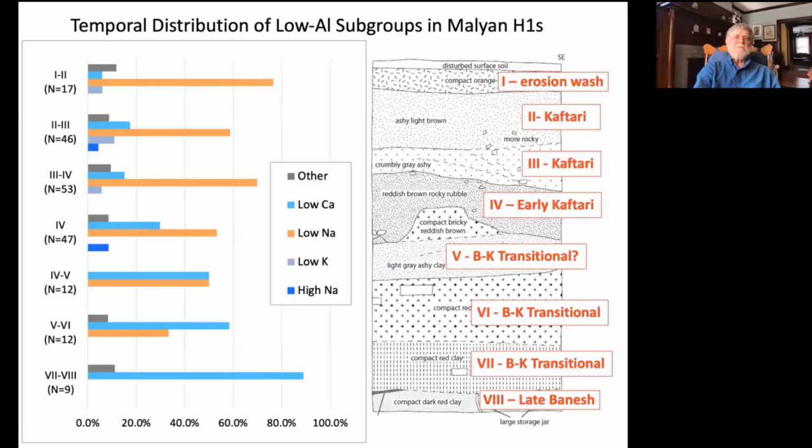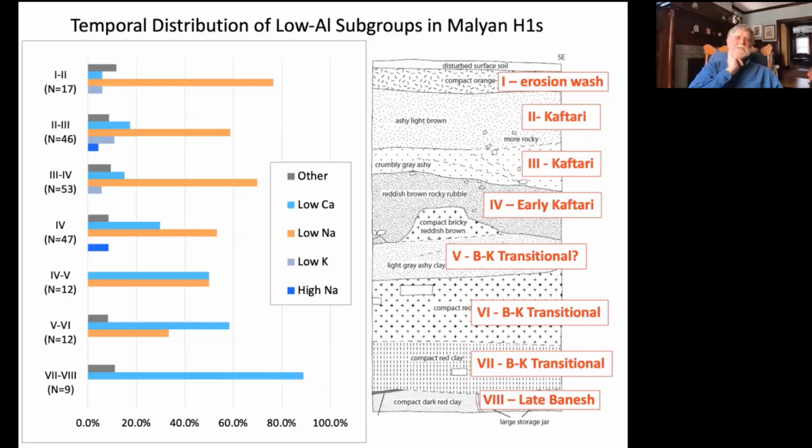During the period when Kaftari era Malian is most important, that's strata 2 and 3, right up here, you get the widest distribution of compositional types. So Kaftari era Malian is getting pottery from 5 different sources during the Sukulma period.